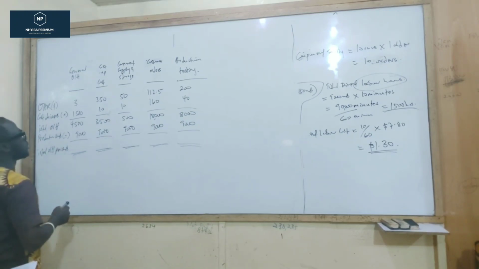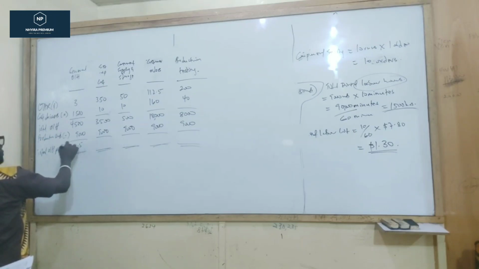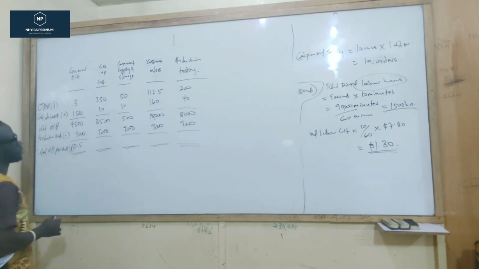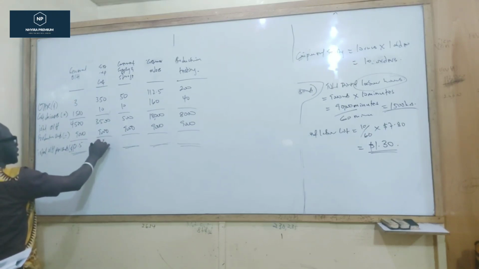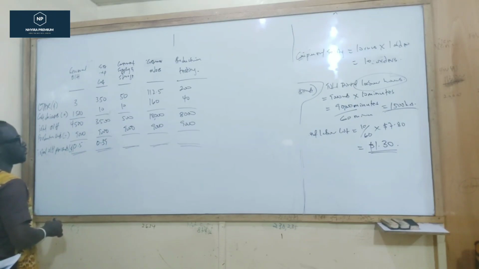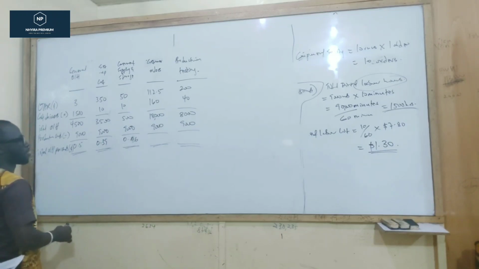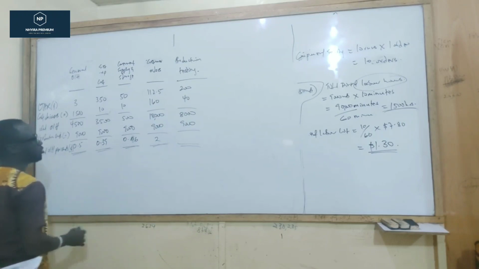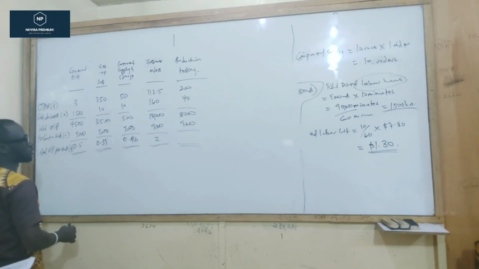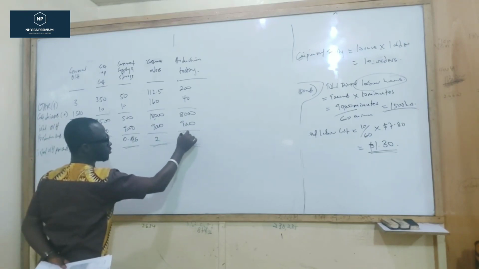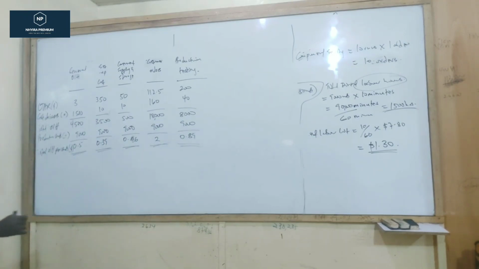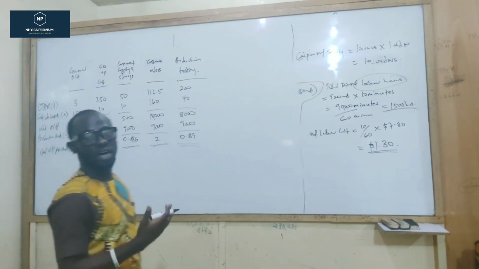These are in dollars. 0.39. 0.06. 0.89. So that is our total overheads per unit.